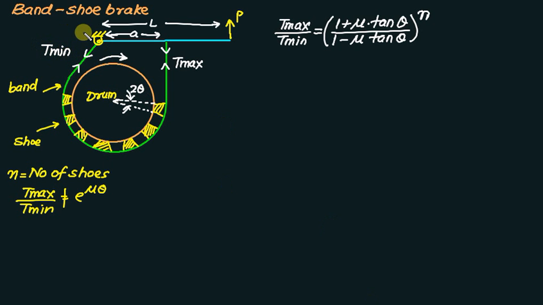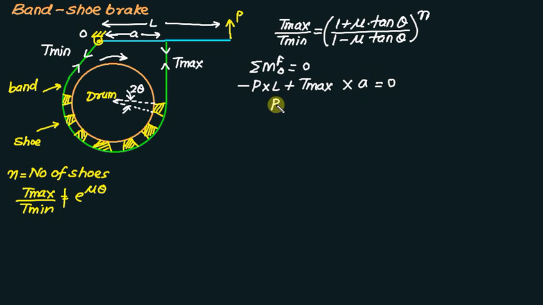So the procedure will remain the same. So again I take the moment about the hinge O equal to 0. So this P about point O will make an anti-clockwise moment, distance equals L. T max will make a clockwise moment multiplied by A, and this is passing through point O, so that equals 0.